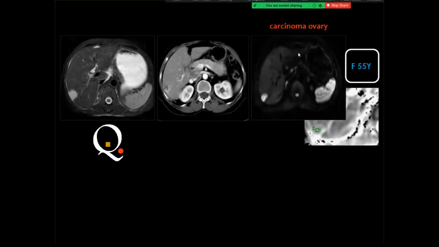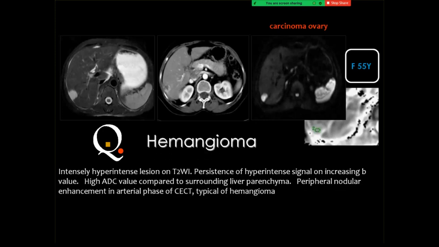This is the classic appearance of hemangioma. Bright signal in the T2, nodular marginal enhancement after contrast, and T2 shine through in the diffusion weighted image and ADC. These are the features that can separate hemangioma from metastasis safely whenever you are evaluating a patient with primary carcinoma.